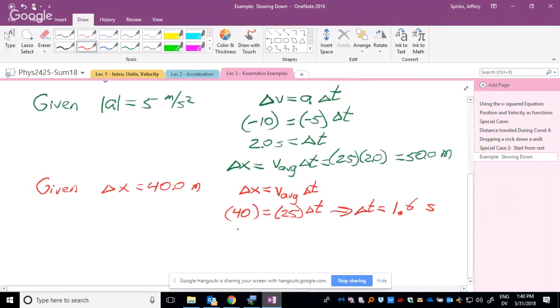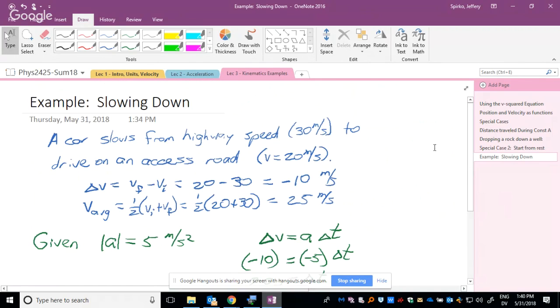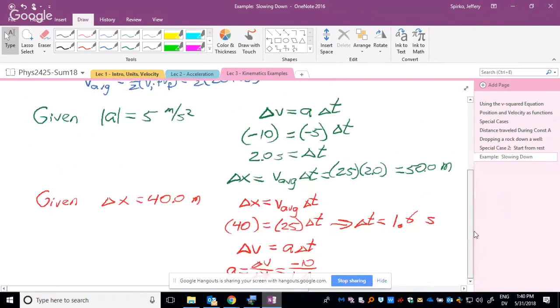And then we can use the delta V fact to find the acceleration. -10 over 1.6. Remember, our delta V is still -10. I'm still keeping the initial setup.